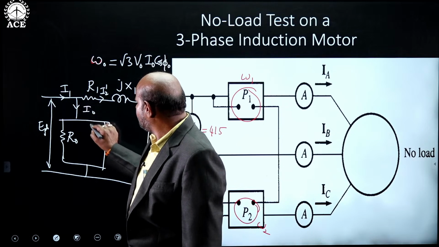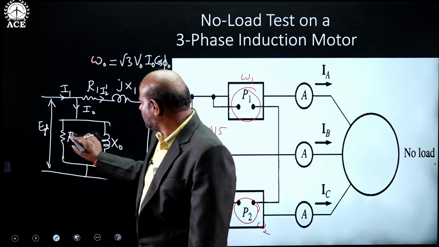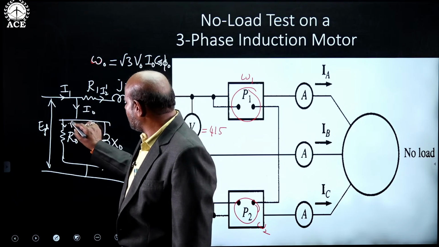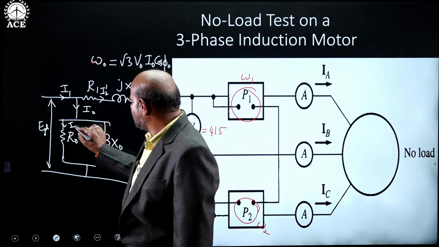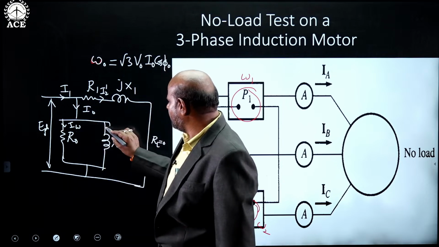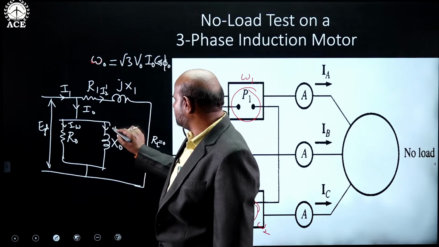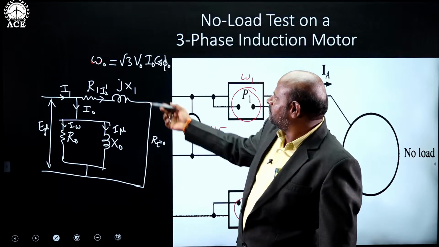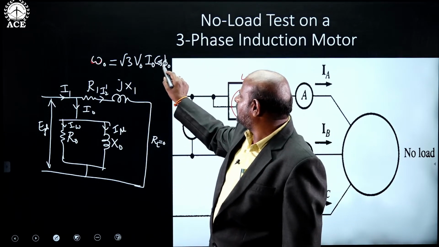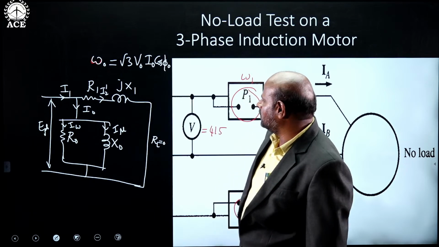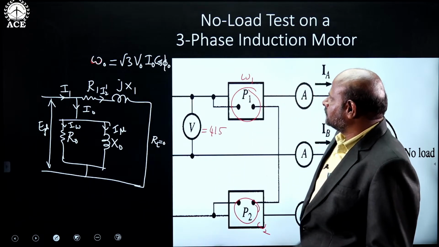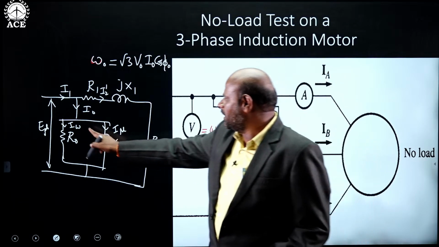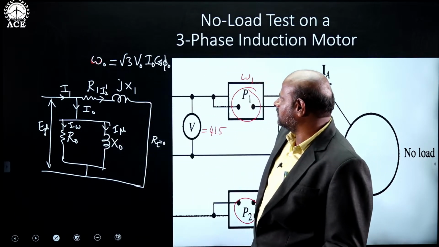The current flowing through this is the I0. The current flowing through R0 is IW, watt-full component. Current flowing through reactance is magnetizing component. So from this equation, we are going to find out the no load power factor. Then after getting no load power factor, find out I0, IW and X0.